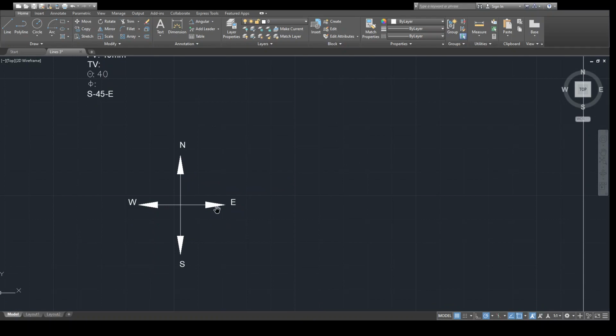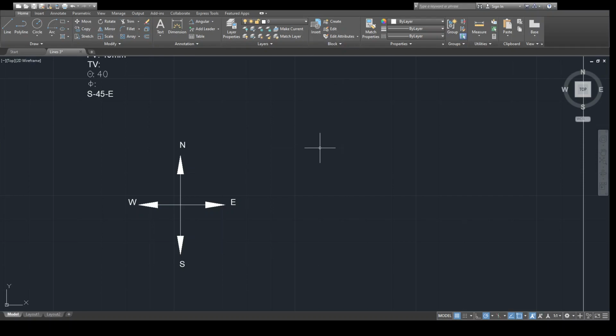Suppose it is given E70S, it means from east towards south 70 degrees. Okay, so it is very simple. In this particular case, S45E means from south to east we need to draw a 45 degree line. In other words, you can also call it E45S, because the angle between S and E is 90 degrees. So the only difference is that instead of beta we call it bearing.